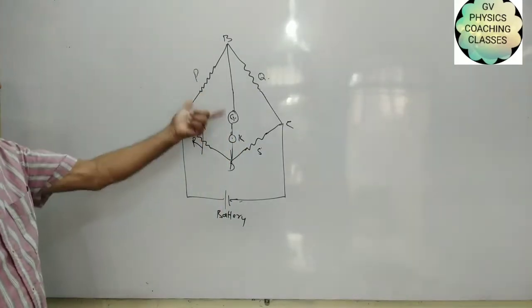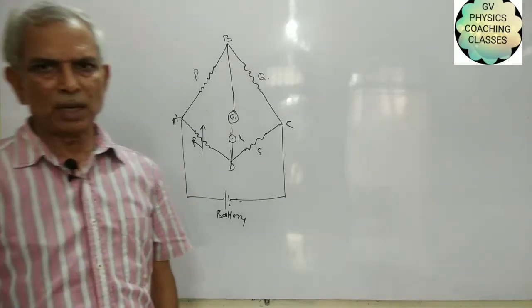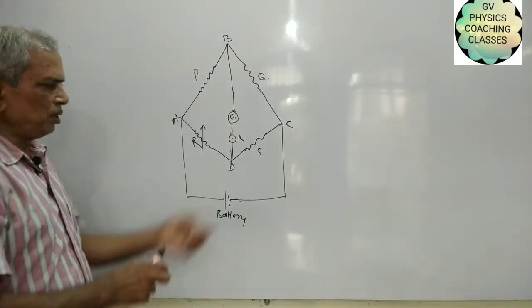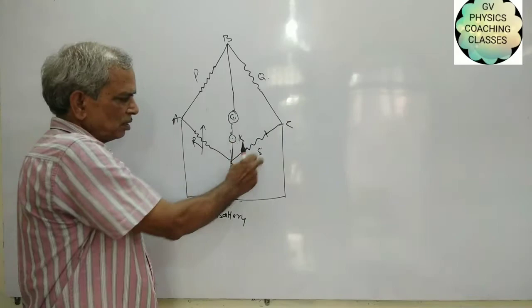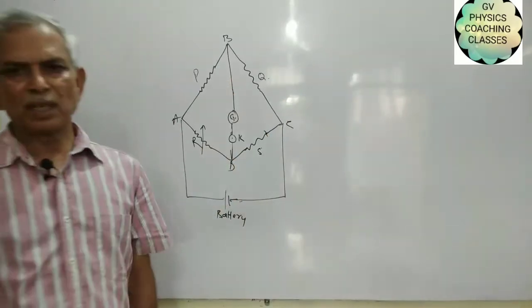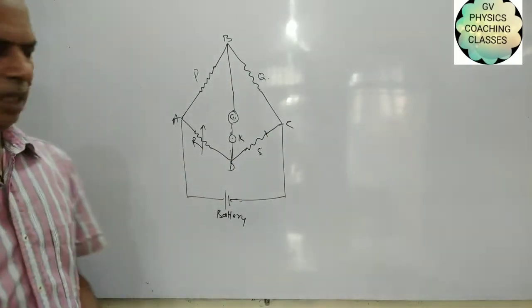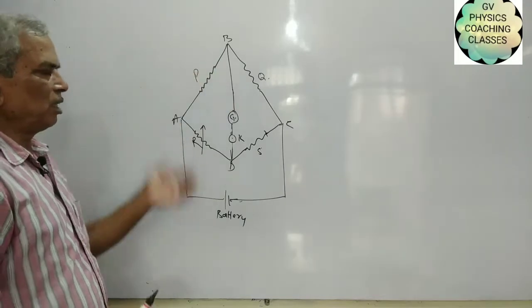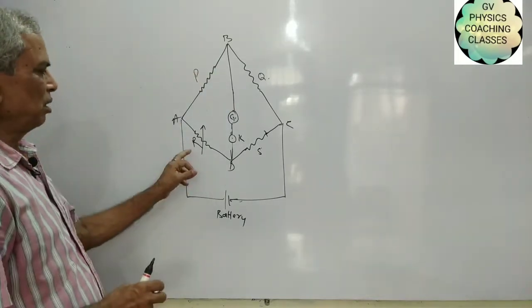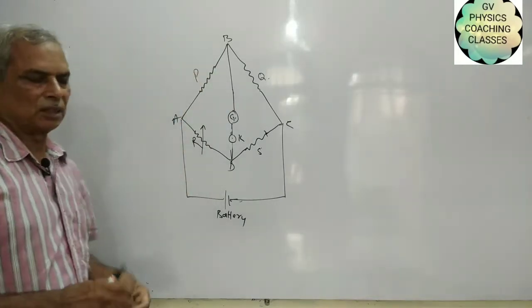It is the combination of 4 resistors P, Q, R, S, by which we measure the resistance of unknown resistor S in terms of the other 3 resistors P, Q and R.